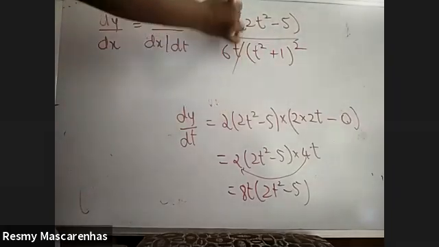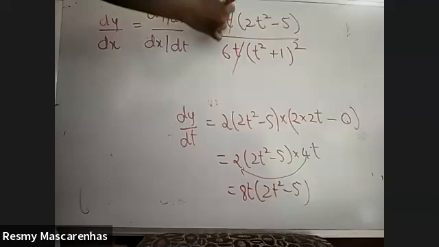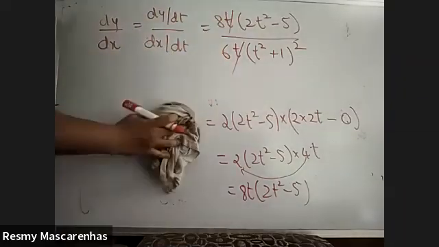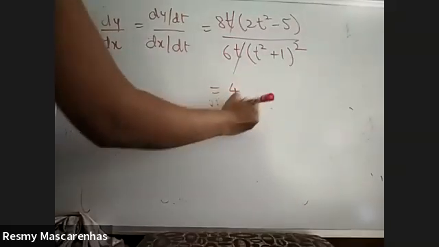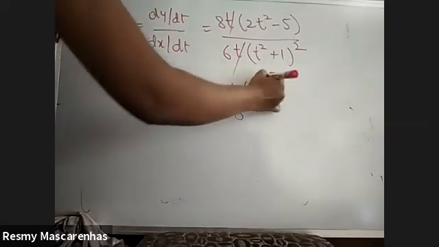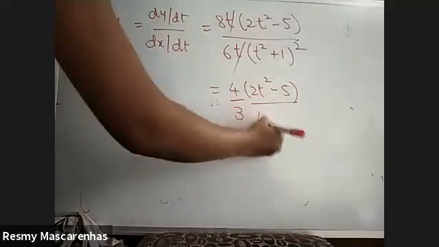And then t and t will cancel, and 2 4s are 8, 2 3s are 6. So your final answer will be 4 upon 3 of the remaining expression. Keep it like this only. This will be your final answer.